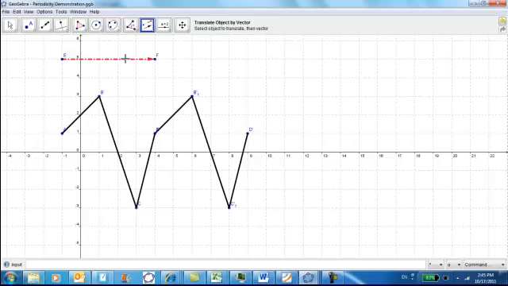There. And it has made a copy of it, all slid over 5 to the right. Now we start seeing the periodicity, and we can continue to do that as we just select successive objects here.